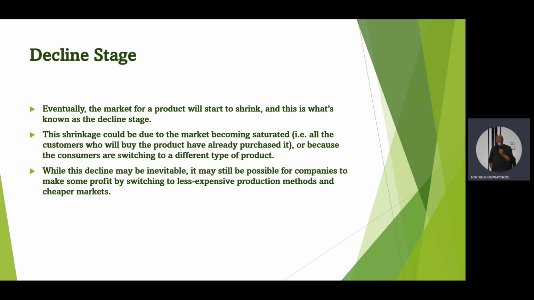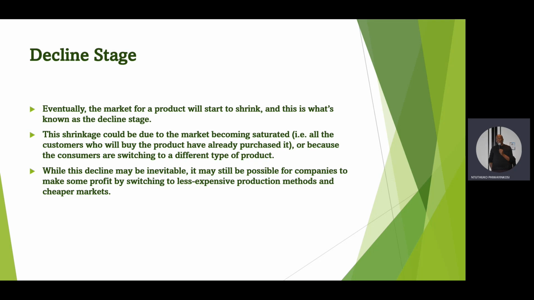Remember, I said that during the maturity stage, other companies, other manufacturers will be paying close attention to your product, and then they can just come up with a substitute of your product. So that could be one of the causes of this shrinkage, this decline of the market of your product.